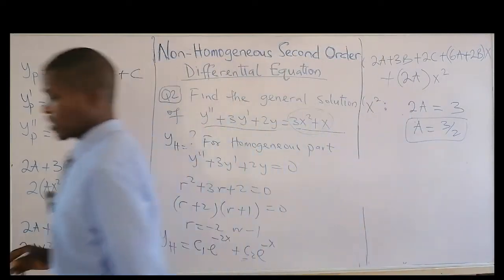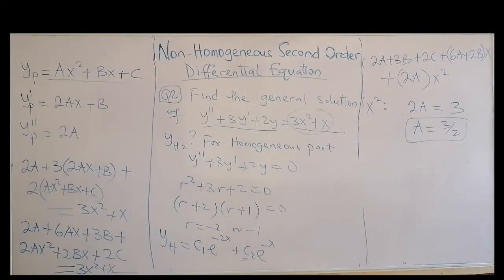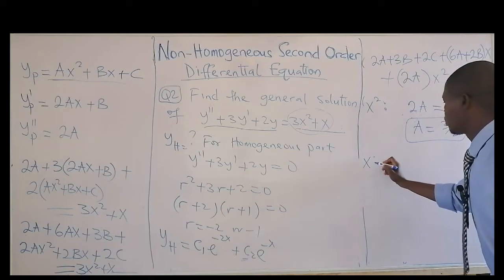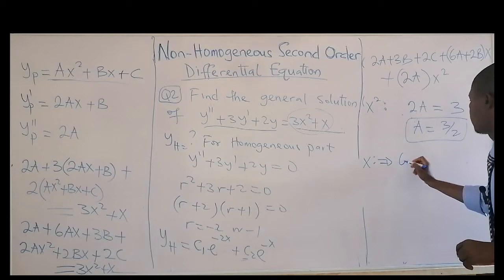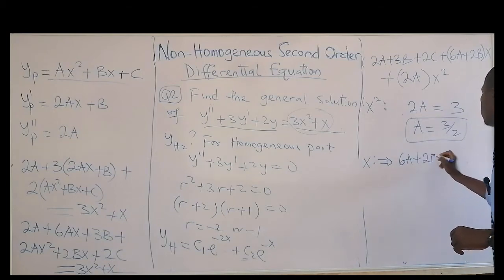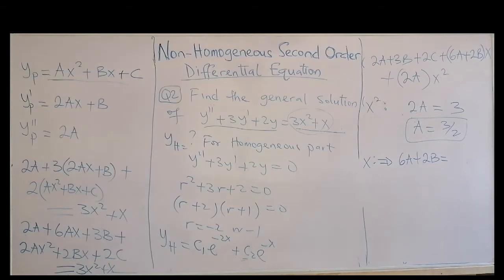Then the next thing to do, can we also get the coefficient of x? That's 6a plus 2b equal to 1.